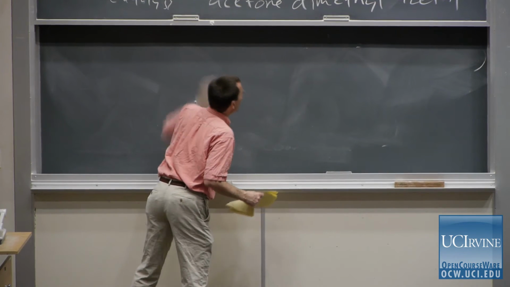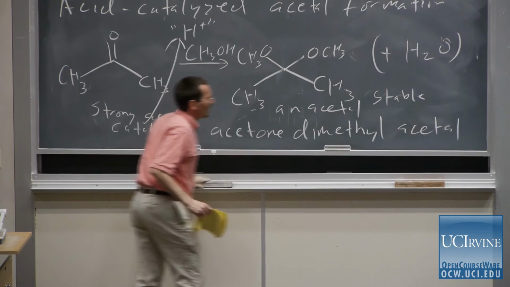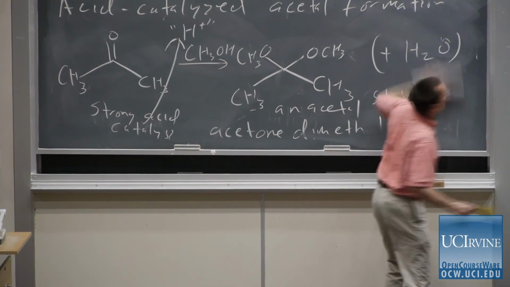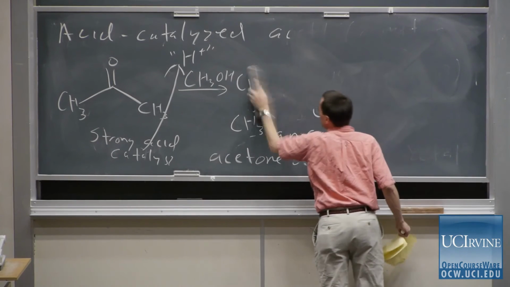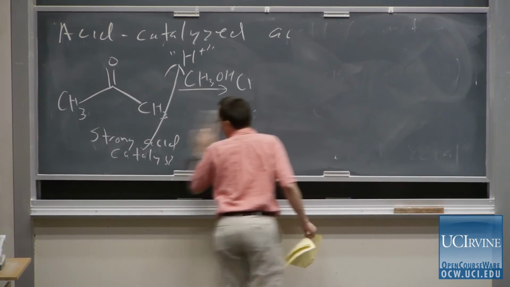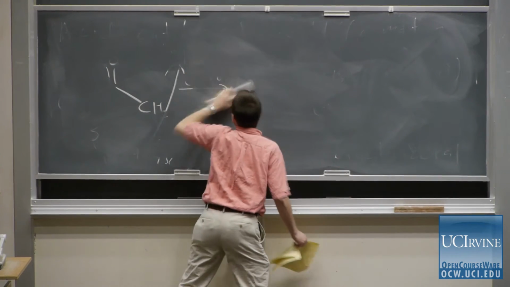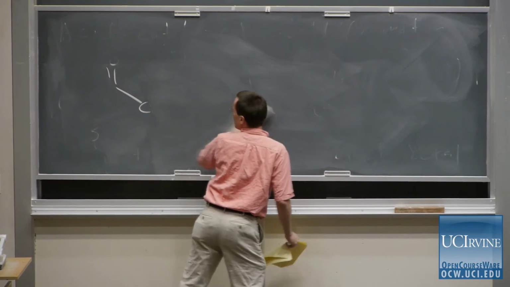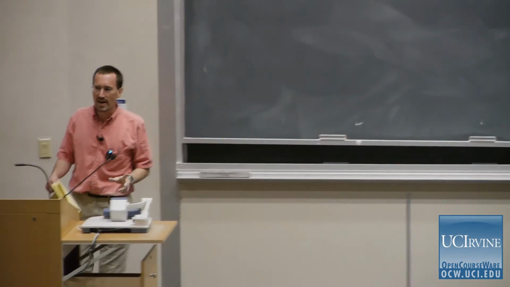So I want to take us to the mechanism of acetone dimethyl acetal formation. And the mechanism is going to be identical to the mechanism we saw for hydrate formation, but it's going to occur twice.